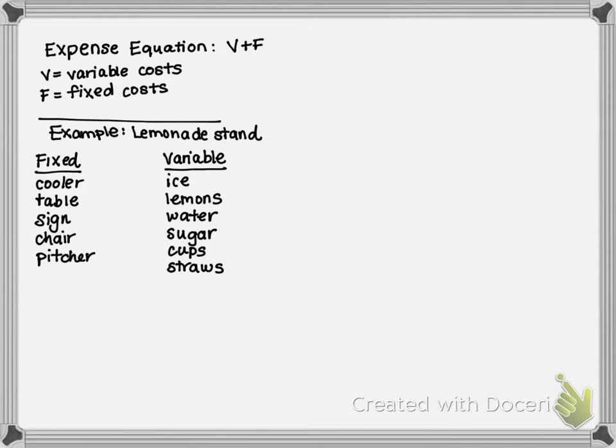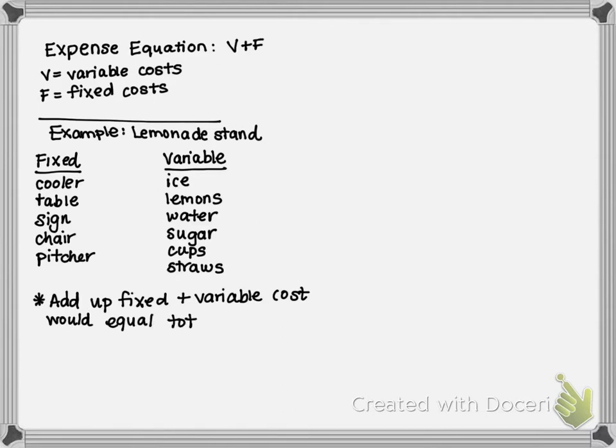And so variable expenses are going to be something that we have to really take into account the more and more we produce. And usually what happens in businesses is that the more and more you produce of a product, the less and less your expenses cost, because of those fixed costs not being necessarily as hurtful on your bottom line. Okay, so essentially we add up our fixed and our variable costs, and that will give us our total expenses.